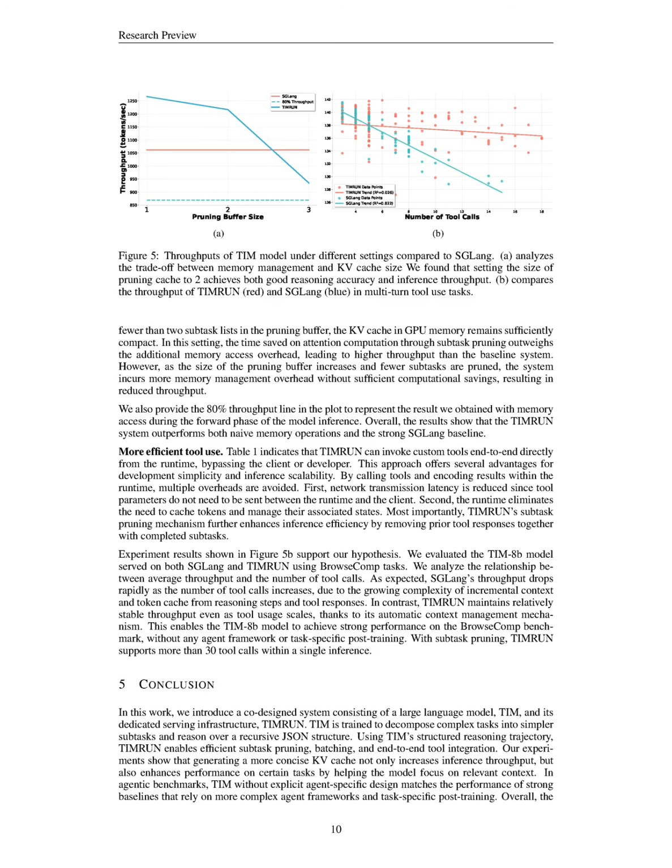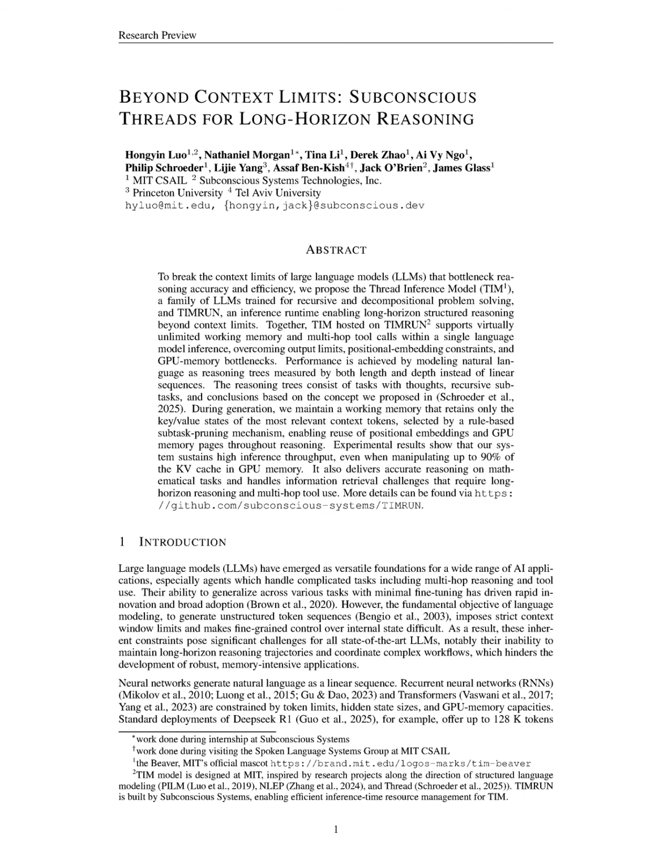Secondly, TIMRUN, the inference engine for TIM, dynamically manages memory by releasing KV states of completed subtasks, which enhances memory efficiency without incurring additional computational overhead. Empirical results indicate that this approach not only maintains reasoning accuracy, but can also improve it by reducing hallucinations, demonstrating that TIM's structured reasoning can outperform traditional models in complex tasks.